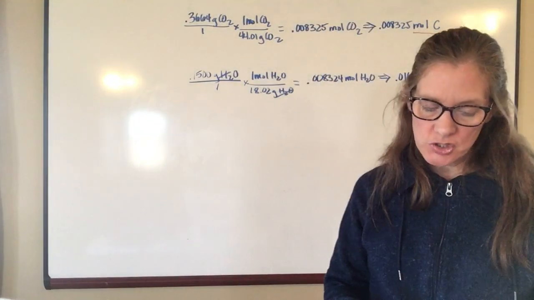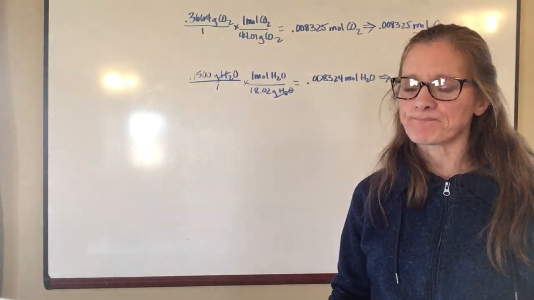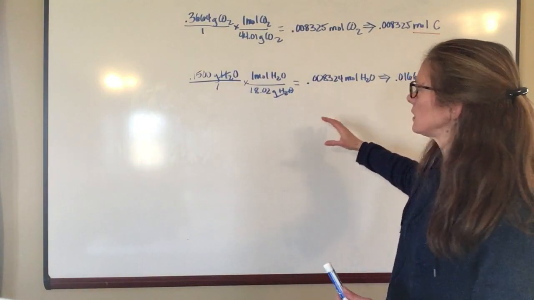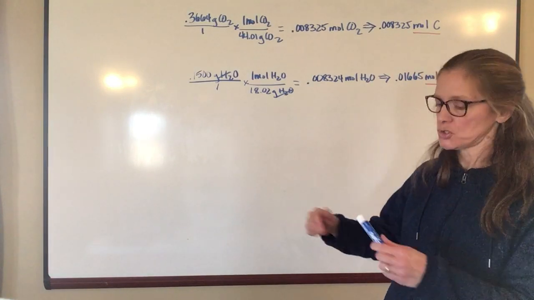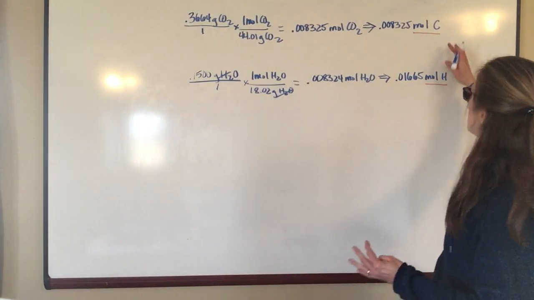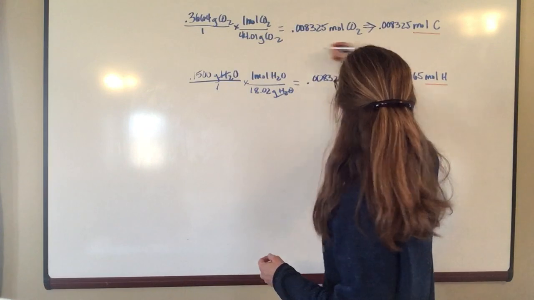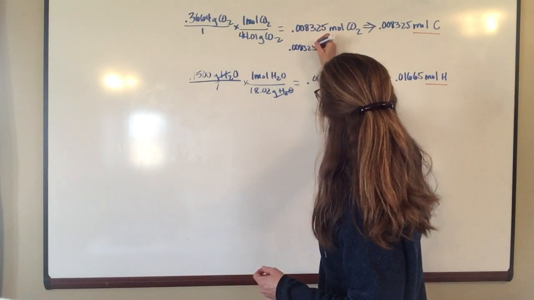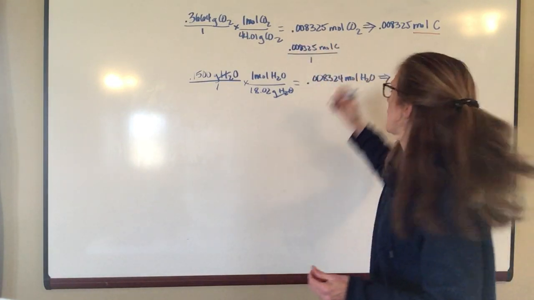Well, what's the simplest way to figure this out? Because part of the oxygen could also have been used for combustion purposes, so I need to make sure that I'm only going to include the amount of oxygen that was actually within the compound itself when I started. So in order to do that, I'm going to have to subtract off the amount of carbon and the amount of hydrogen I had. Okay, so I'm going to take this number of moles of carbon, 0.008325 moles of carbon, and I'm going to convert that to grams.